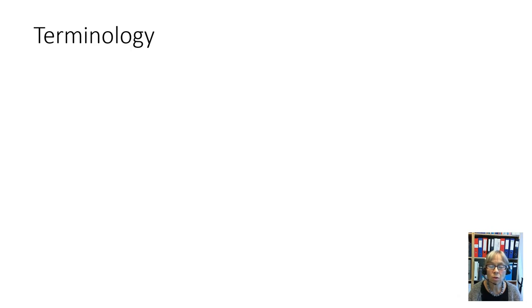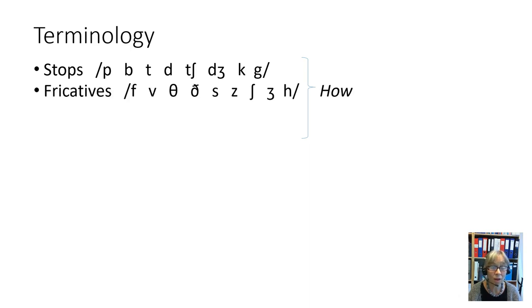Now, some more terminology. With consonants, we talk about stops, and the reason is that we stop the airstream with these. Can you feel how we stop the airstream and then we let the air out afterwards? That's why they're called stops.